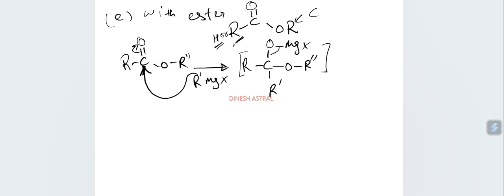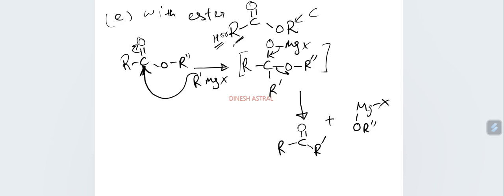So this bond will shift here. This bond will break. Here oxygen is taking away the electron. So in the next step, what will happen? This one will become a double bond, and these two carbon groups will remain as it is. And the byproduct will be MgX on one side, on the other side OR.